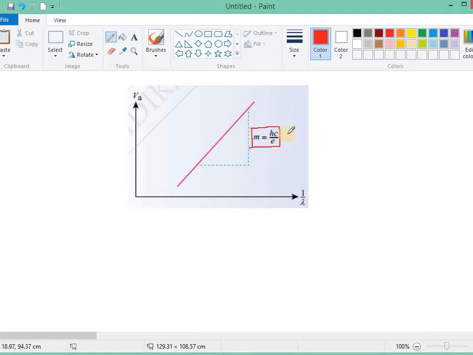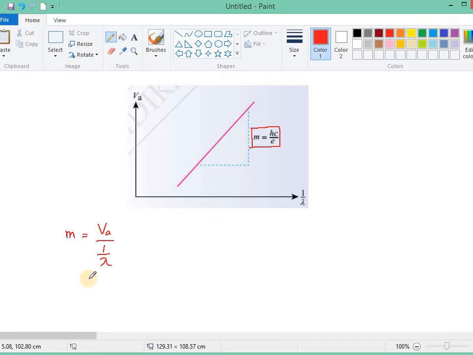So how do we get this Planck constant times the speed of light over the charge of one electron? First, the gradient of the graph. This gradient will be the change in activation voltage over the change in the inverse of wavelength.